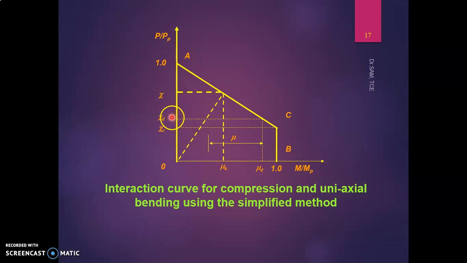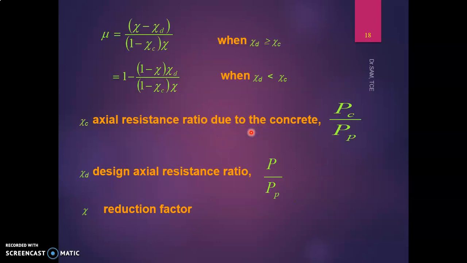If I take any point here, that is chi d, this is your compression value and this is your moment value. That is calculated by a value called mu. So mu is calculated by this expression using the chi. This is your reduction factor of the column. This is your chi d, which is nothing but your axial load on the column divided by plastic resistance. Chi c is nothing but the compression capacity of the concrete divided by the plastic resistance. By this you can get the value of mu.